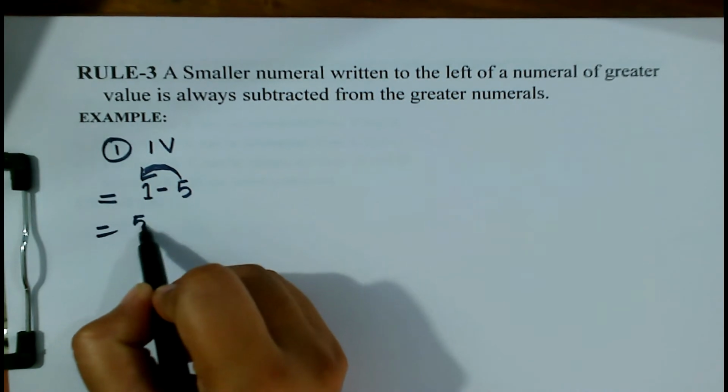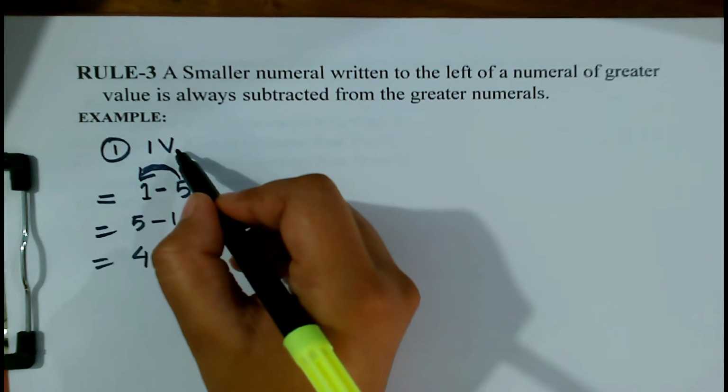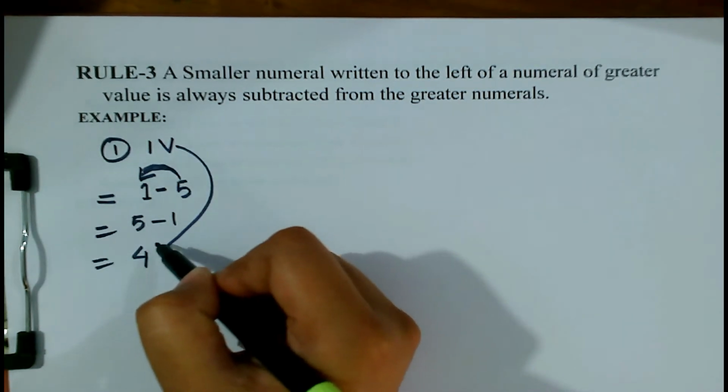That is 5 minus 1, that gives us 4. So this IV represents 4.